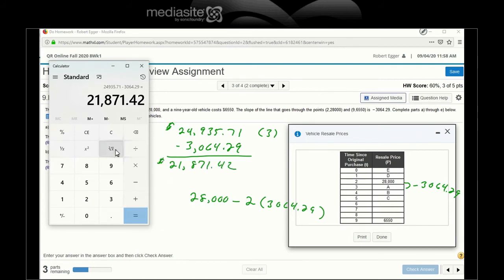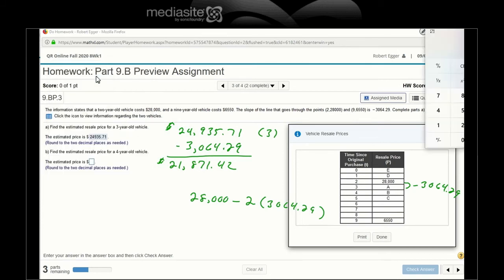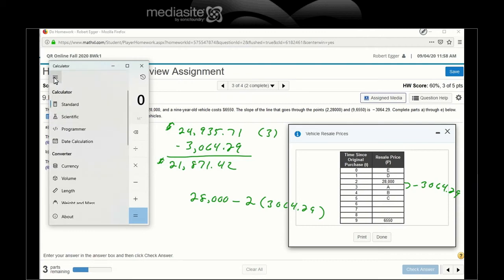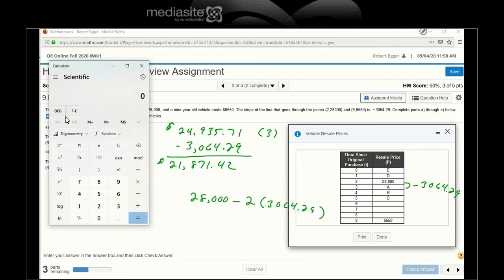And let's try this the other way. Let's do 28,000 minus 2... See, this works. No, that ain't going to work. Do you have parentheses in here anywhere? Here we go, friends.